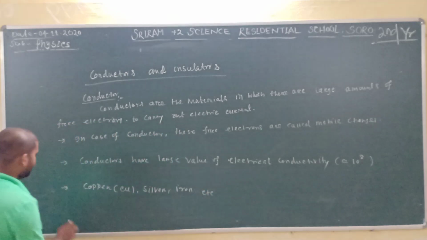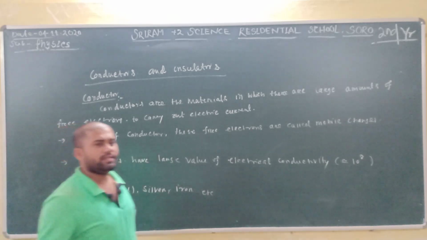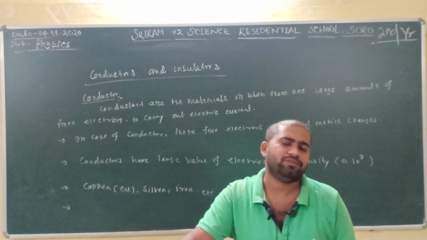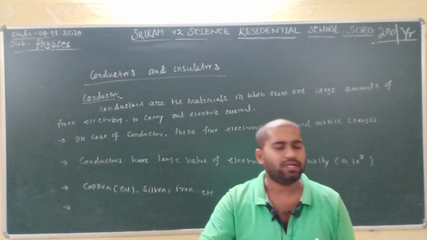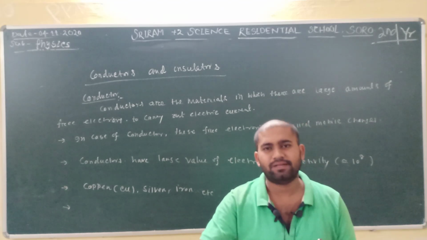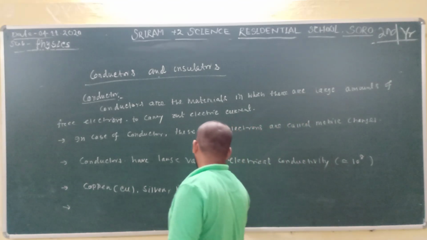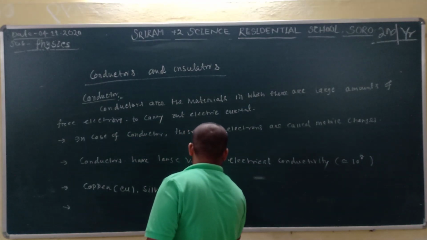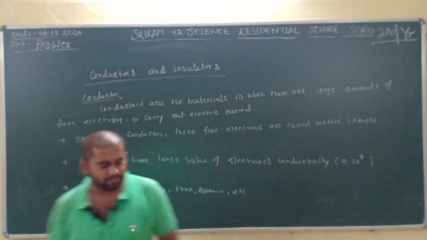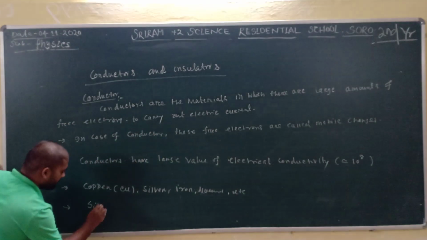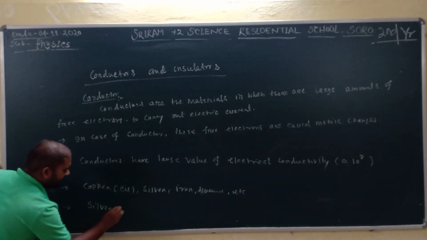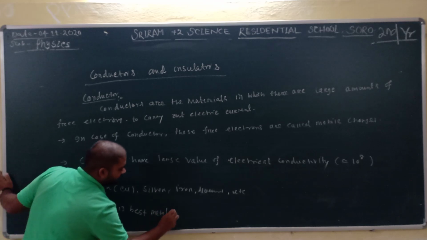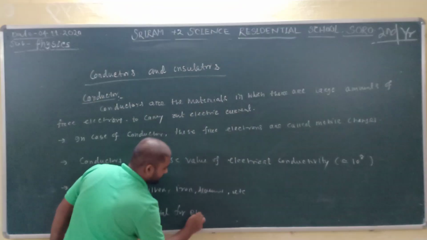But silver is a good material of electrical conductivity. Silver is the best metal for electrical conduction, but as the price of silver is very high, we cannot use it widely. We use other materials like aluminum or copper for electrical conduction.